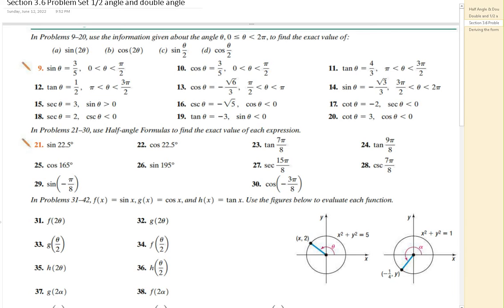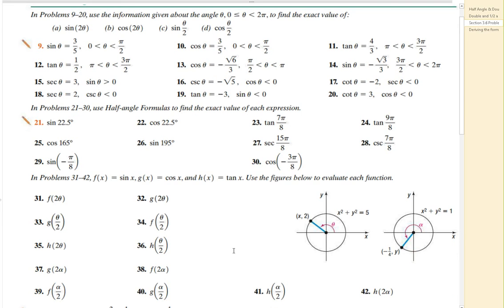Let's keep going. Let's try another one. Let's make these a little bit more interesting. We'll start with problem number 26. I'll call this one example G. Sine of 195 degrees.